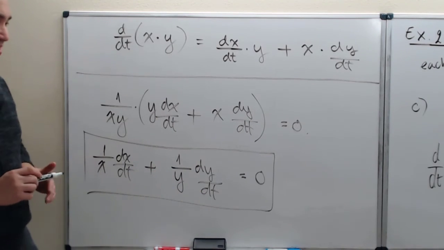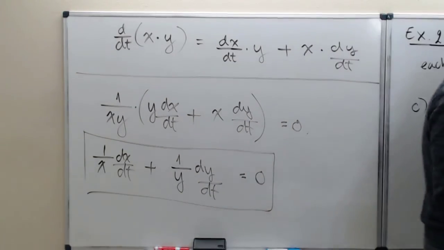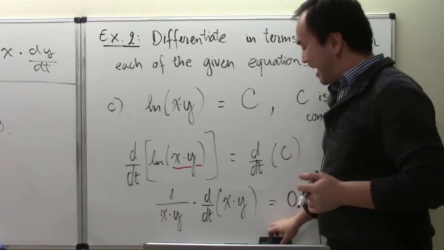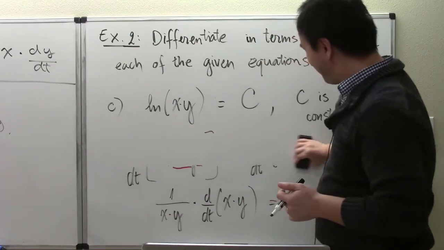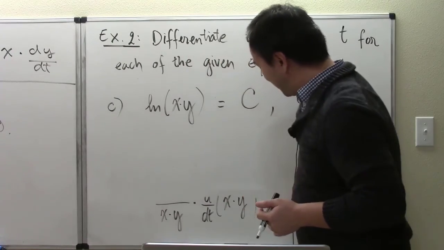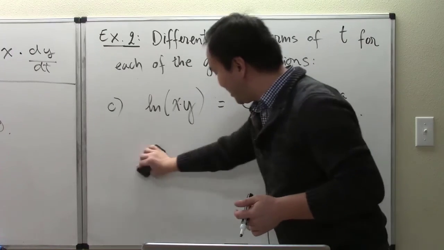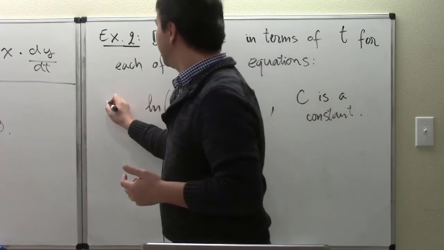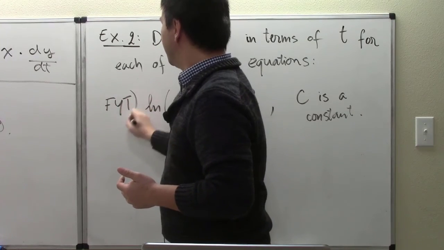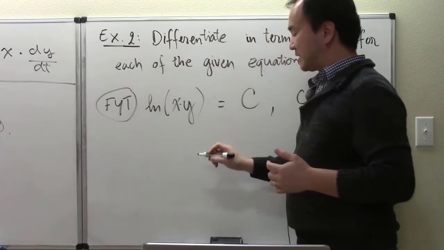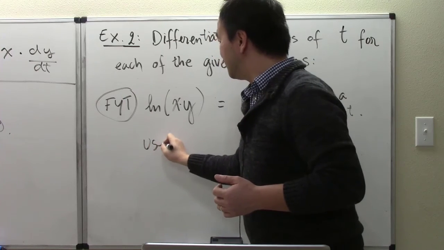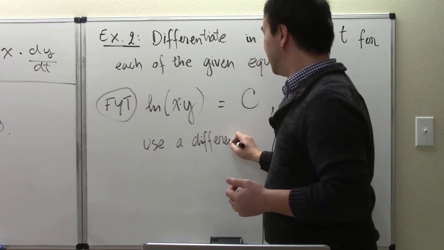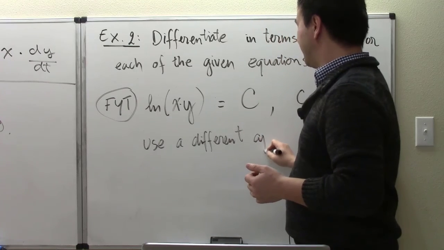Okay. So, as an extra little gift for my viewers, I want you to treat the same equation here. Do the same work here, but please use a different approach.